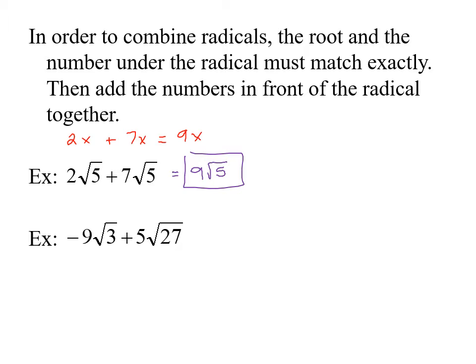I'm going to take the 27, and 27 is 9 times 3, or 3 times 3 times 3. And I will rewrite this problem as negative 9 square root of 3 plus 5 square root of, and I'm going to take two of these together and make this 3 squared times 3.